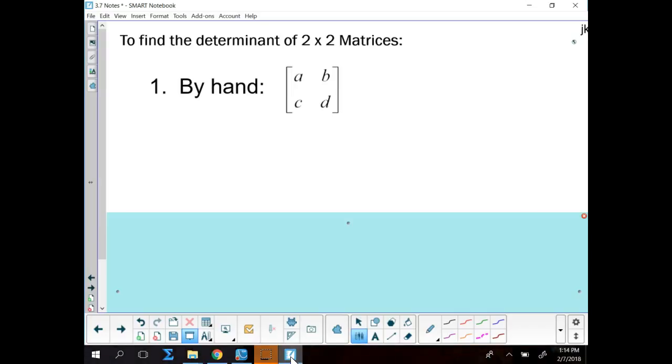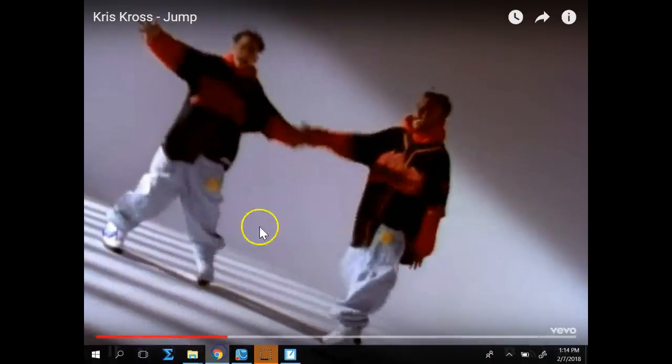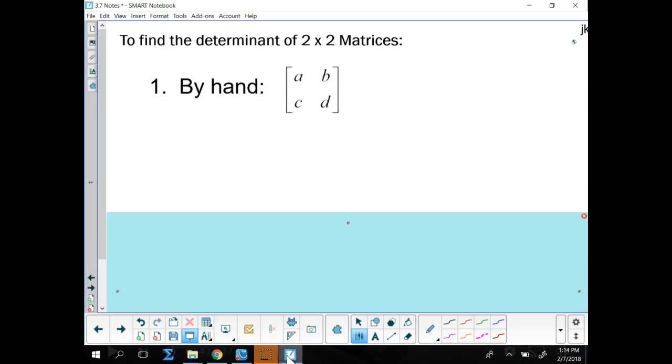So, we find the value of determinants by doing criss minus cross. Now, we got to figure out what's criss and what's cross. Well, criss is here.